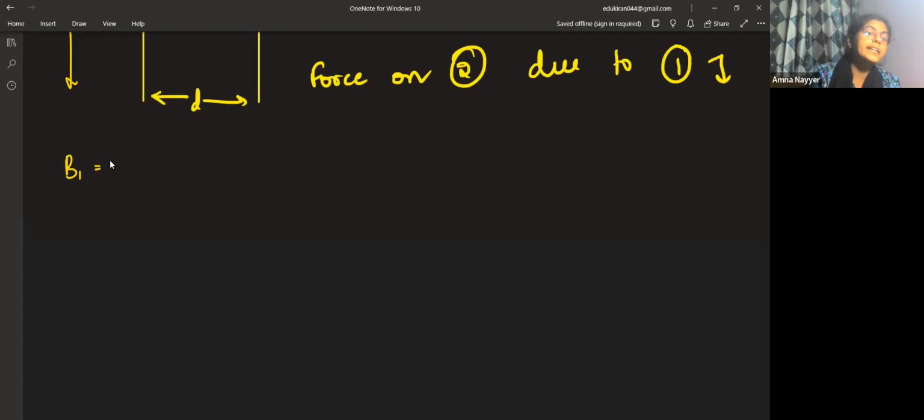So what is the formula for the magnetic field of a straight wire?